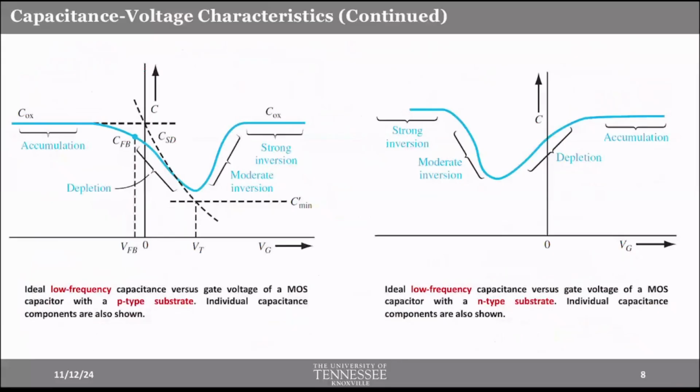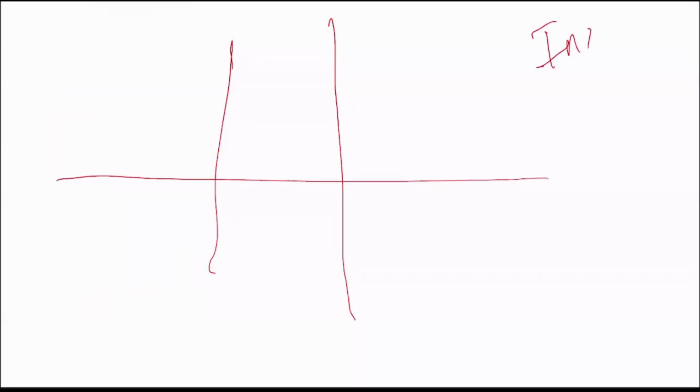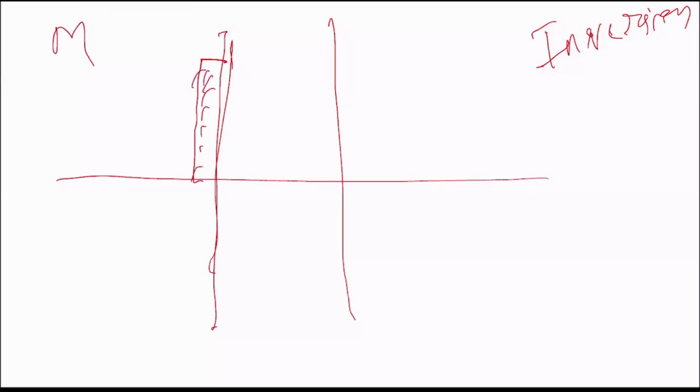I'm talking about the inversion region when we apply a very, very positive voltage. When we apply a positive voltage, in the metal layer we are basically gathering positive charge. And in the semiconductor layer, we have a depletion region and we have accumulation of electrons, right?